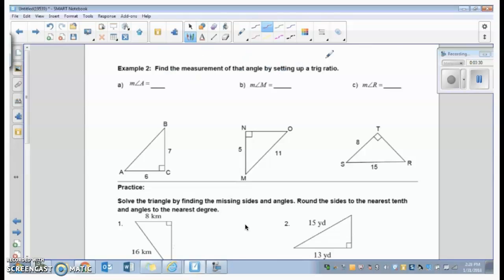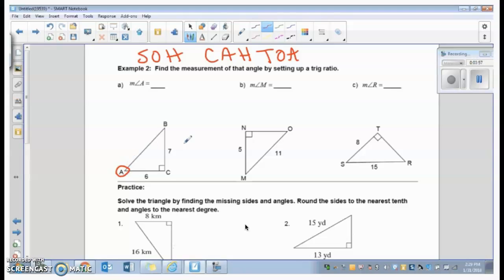So let's do an example or two. Let's try each of these angle measures. First, let's remember from last time, SOHCAHTOA: sine is opposite over hypotenuse, cosine equals adjacent over hypotenuse, and tangent is opposite over adjacent.